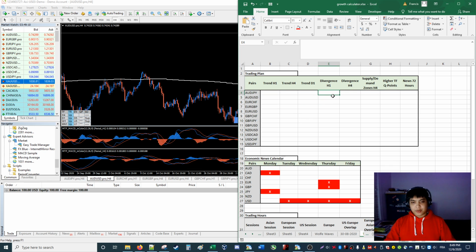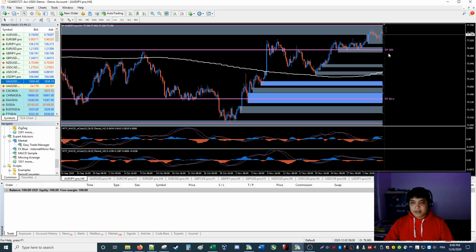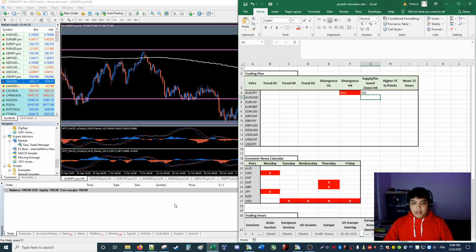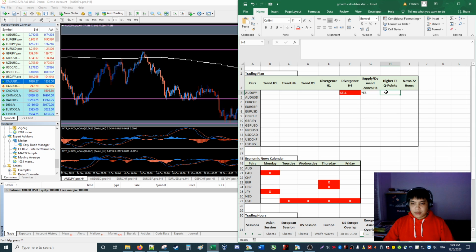JPY with divergence. We're looking at divergence, yes, and it's on H4. That was a sell. Perfect. Supply and demand zone, yes. We were on H4, yes. We're right here. Supply and demand zone right here. Perfect. Higher time frame Q points, D1 Q high, yes. It's not yes, sorry, it's sell. Sell. Do we have news in the next 72 hours?